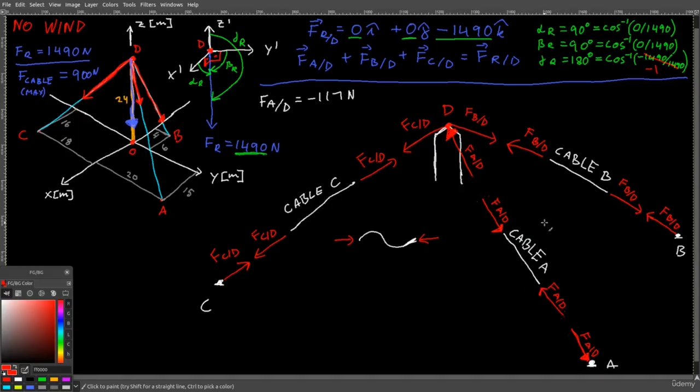So for example, if an external force, for example force from wind, causes one of the cables to become in compression, that could make the tower unstable. Or the other two cables might break because of that, because if this cable is in compression, then it's useless. It's not helping support the structure.